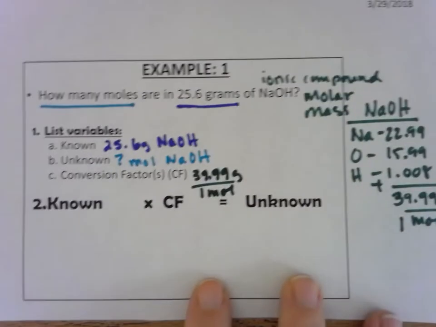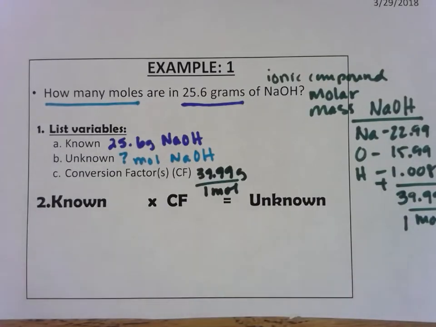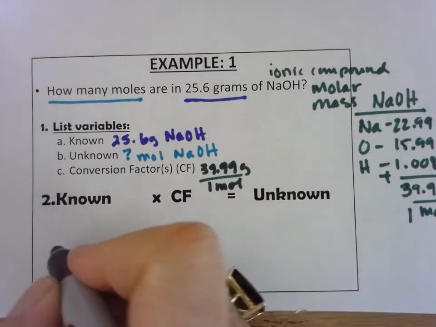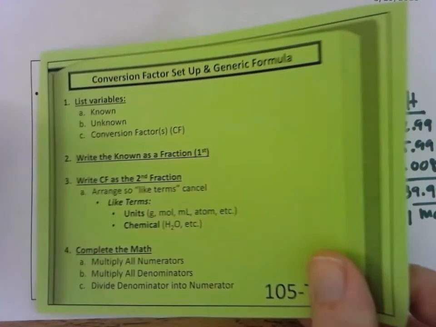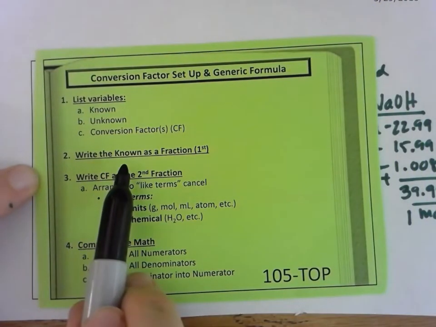Alright, last part of this is the actual setup for the problem. And it says known times CF, remember that's conversion factor, is equal to the unknown, and that is the same every single time. I'm going to set up a fraction, right? Remember this? We're going to write the known as a fraction.